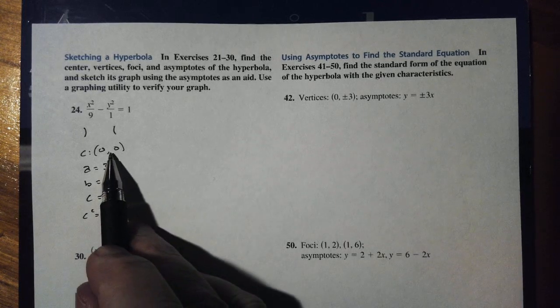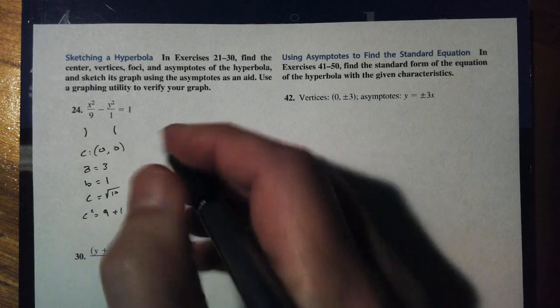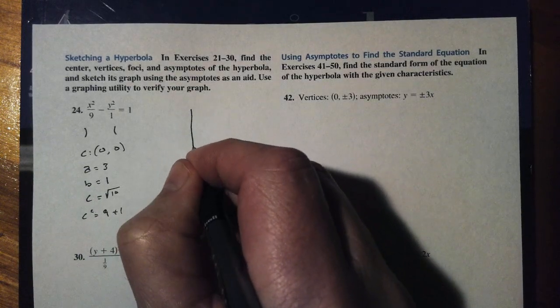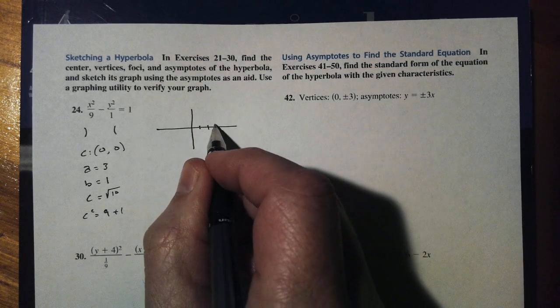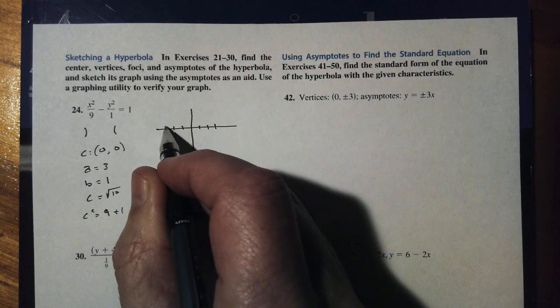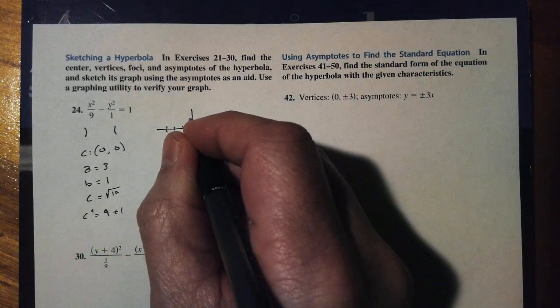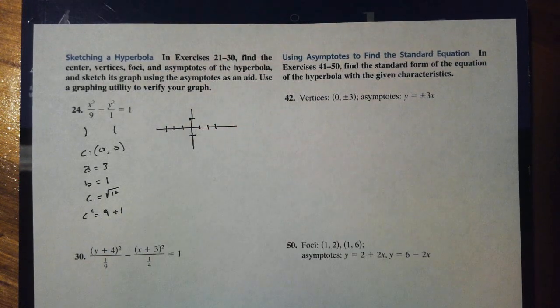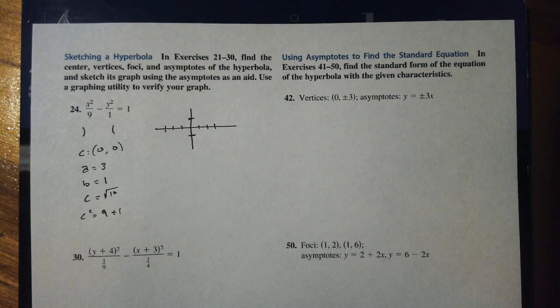So center 0, 0. I'm going to move right and left 3. I'm going to move up and down 1. So I need some good room for right and left. 1, 2, 3. 1, 2, 3. Up 1, down 1. And now you're going to get to see where our ellipse graphing comes in really handy here.